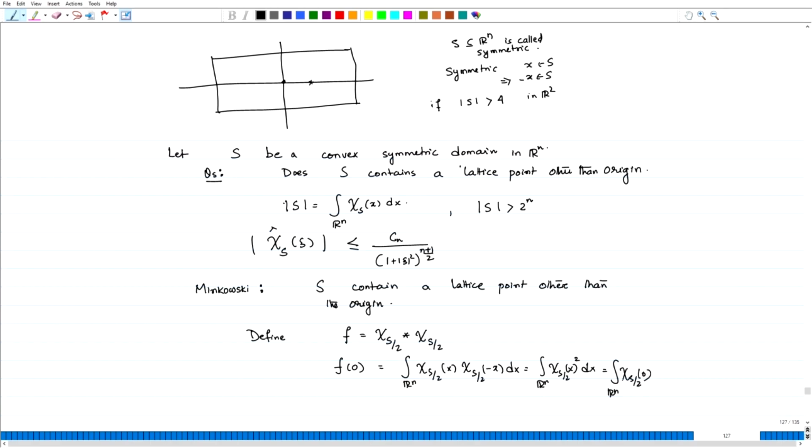Because this function is 0 or 1, its square is equal to itself, and this by our definition is the volume of S divided by 2 to the power n.